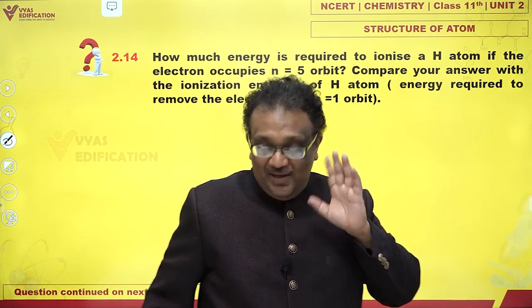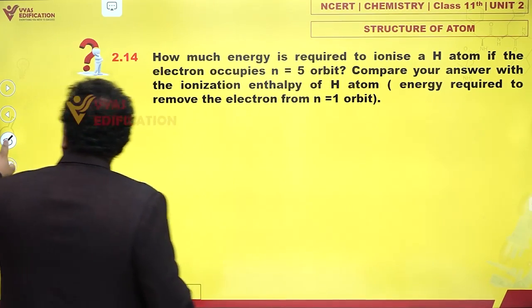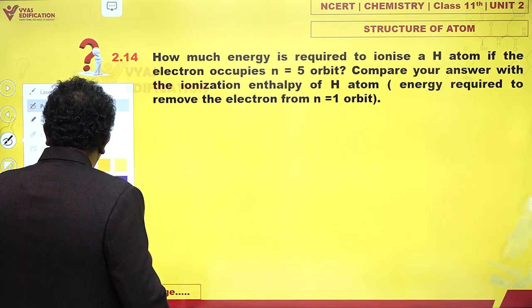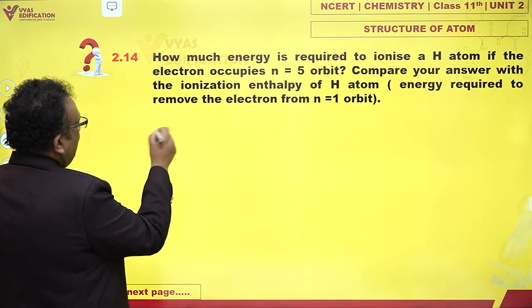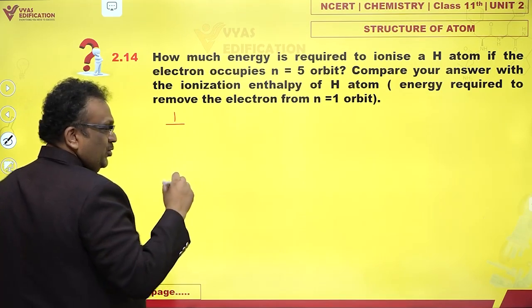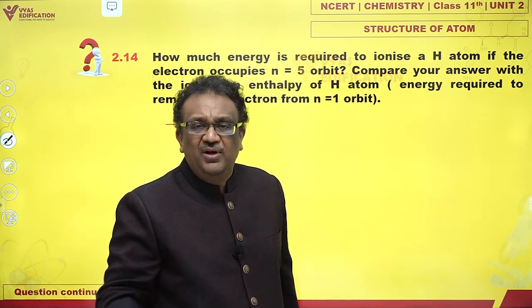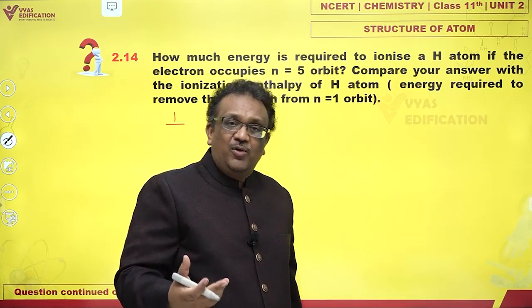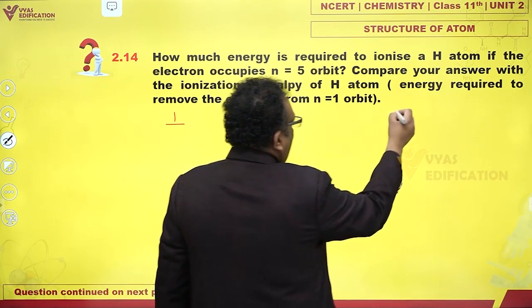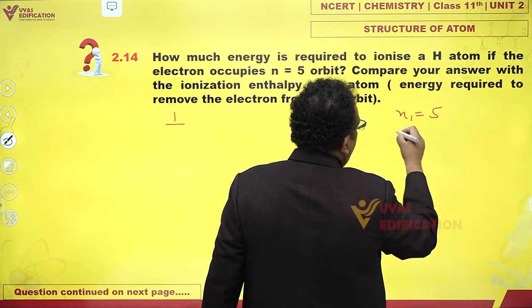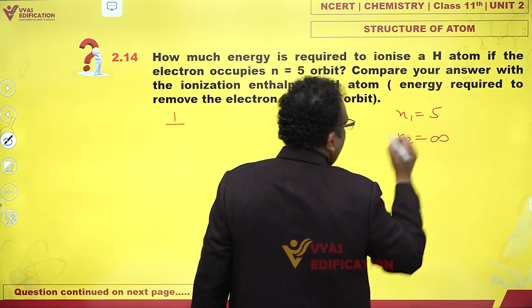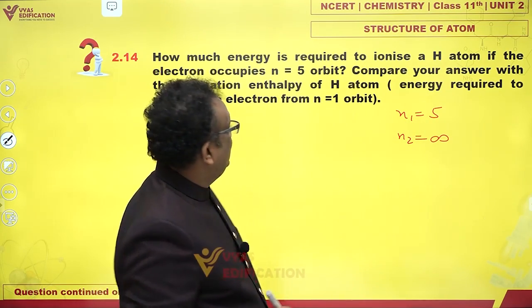Let me write it down. N1 is the initial orbit, N2 is the final orbit. So N1 is given as 5, N2 is given as infinity. Fascinating.